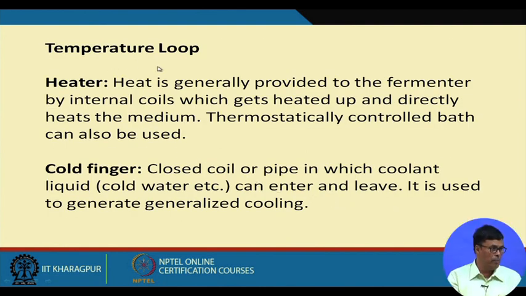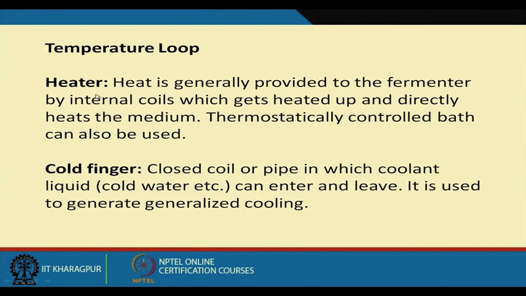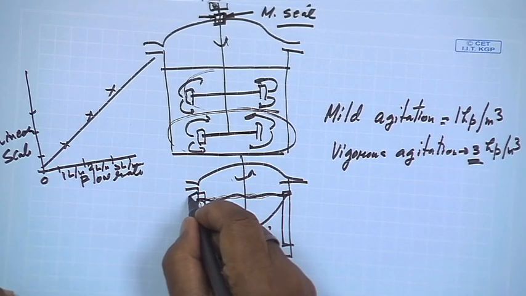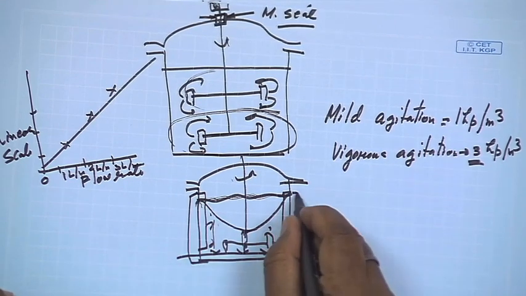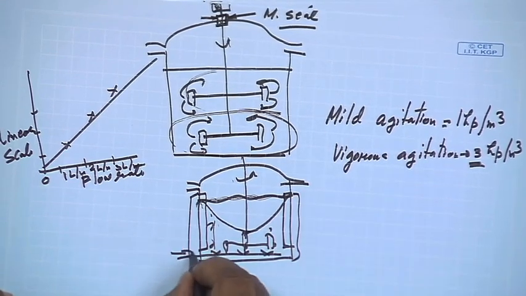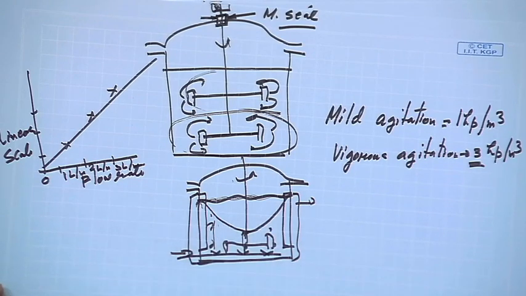Then we have the temperature loop, with the heater and cooling finger. In fermenters we usually put a jacket, and we pass the water through it. But if you do this, there is every possibility of a channeling effect.